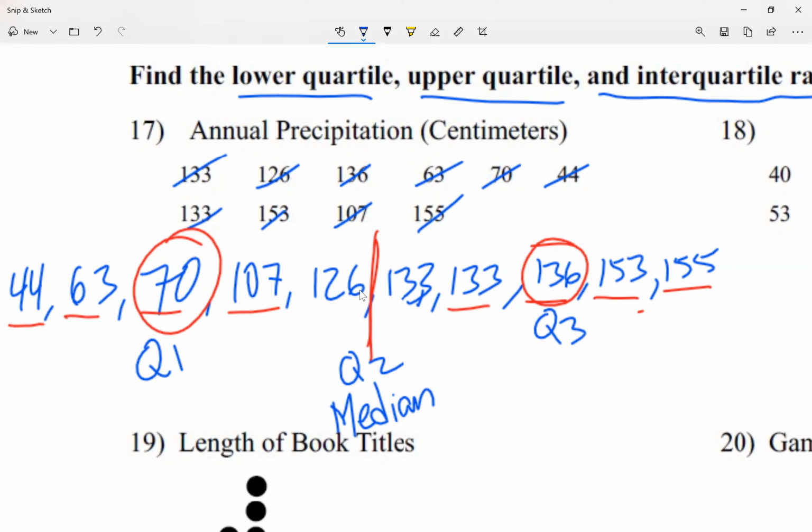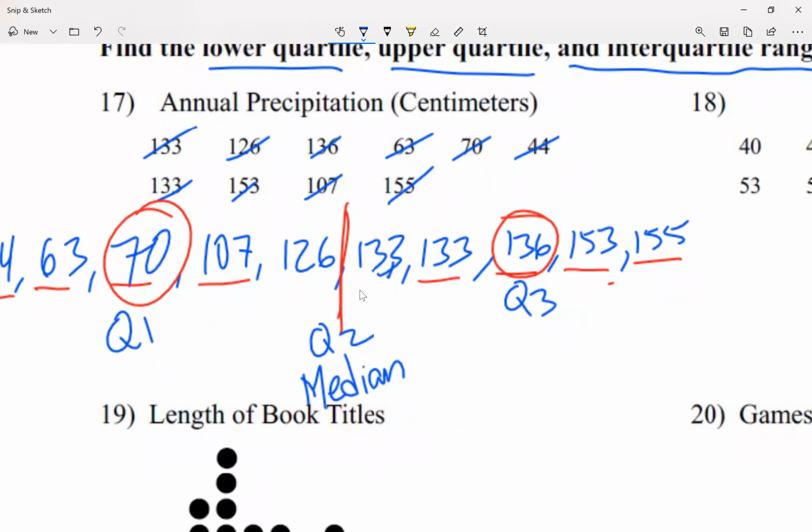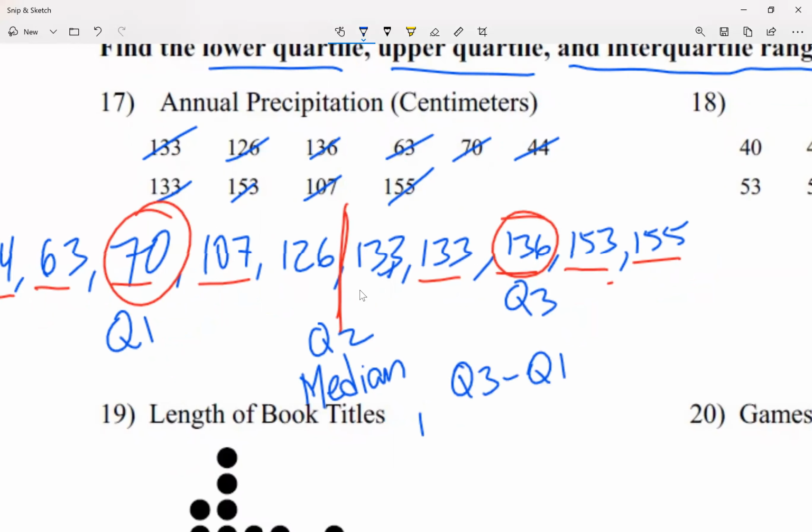Now for the interquartile, what we're going to be doing is quarter 3 minus quarter 1. In this case, 136 minus 70. Notice the way I started.